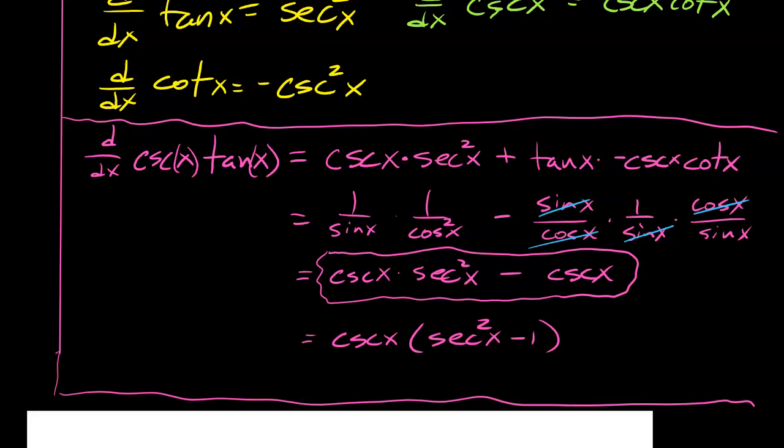Ooh, you know what? Secant squared minus 1 might change into something. I don't remember. So what do we got? We have sine squared plus cosine squared equals 1. Divide by sine squared, I'd get 1 plus cotangent squared. 1 divided by sine squared would be cosecant squared. Divide by cosine squared, tangent squared plus 1 equals secant squared.